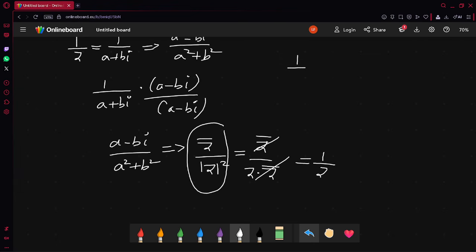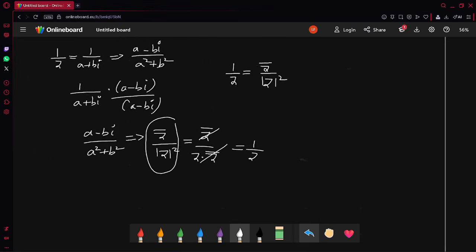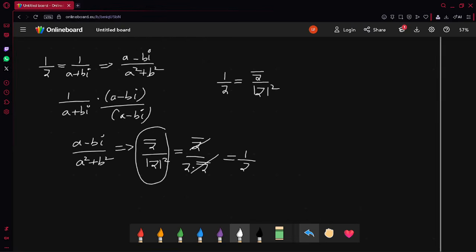So you need to remember this. So this is a basic introduction to identities and algebra of complex numbers and identities.